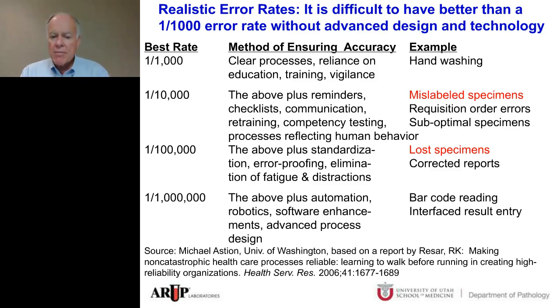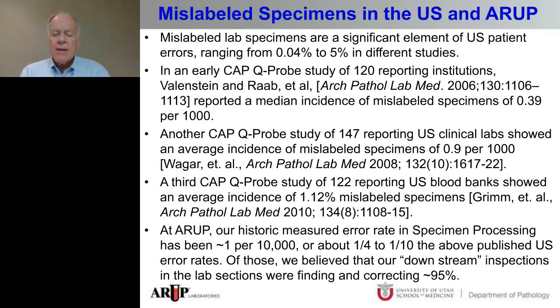Let's talk a bit about mislabeled specimens as the other example that I've highlighted here. So mislabeled specimens in the United States and our laboratory. I mentioned that there are some published data about mislabeled specimens, and depending on the publication, the error rates range from 0.04% to as high as 5% in some of these different published studies.